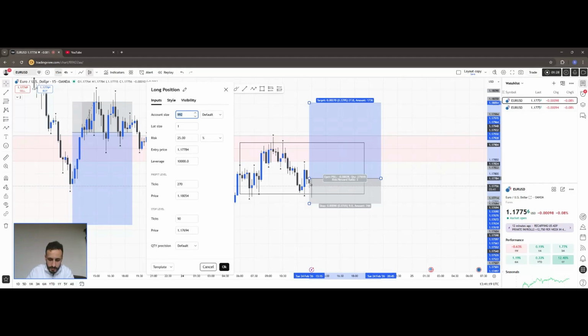I always use an app to determine how much I'm gonna be risking. I need to calculate how much 1% is based on the entry, stop loss, and take profit.